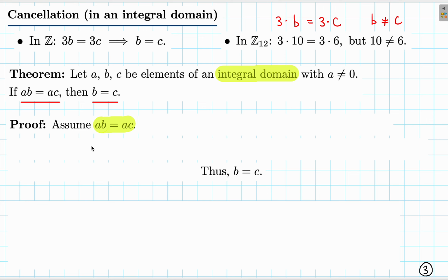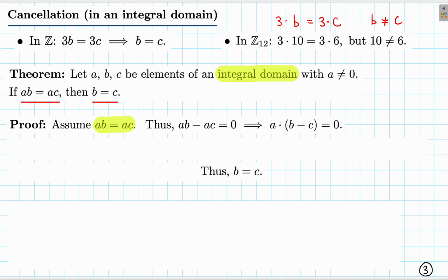And as we discussed earlier, we can't multiply both sides by a inverse because the multiplicative inverse of a may not exist in this ring. So instead, we can subtract ac from both sides, end up with ab minus ac equal to 0, and then we can factor out the a and end up with a times (b minus c) is equal to 0.